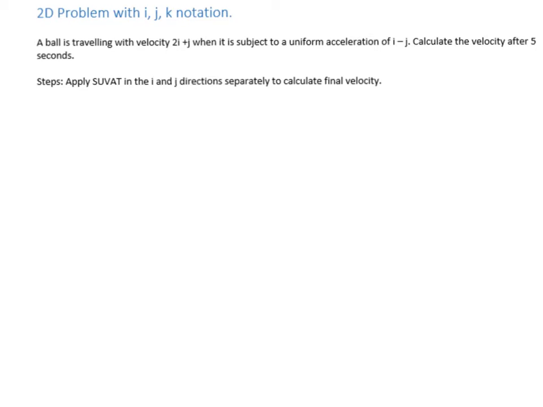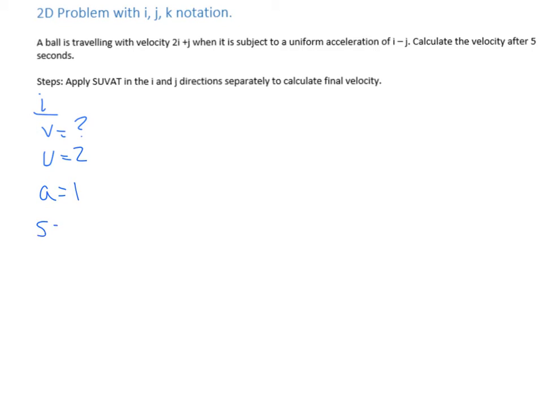So let's have a look in the i direction first of all. So we don't know what v is, so that's our unknown. We know u, if we look up here, u in the i direction is 2. We know that a in the i direction is 1, because it's just i.